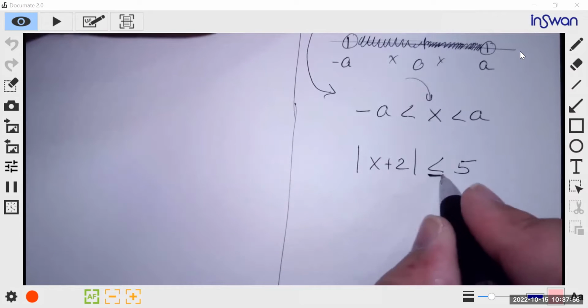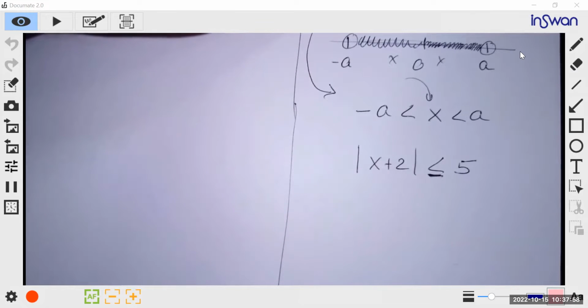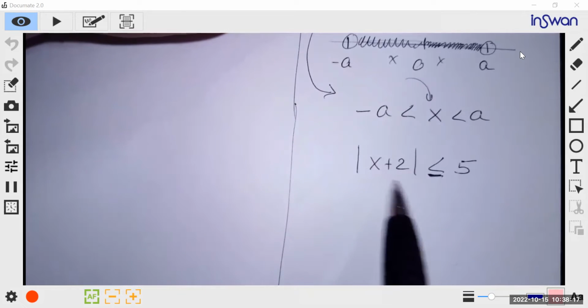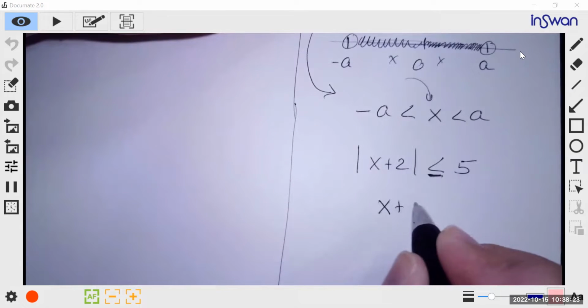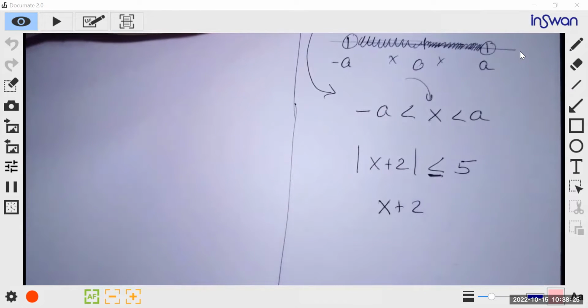Let's look at this one. The absolute value of x plus 2 is less than or equal to 5. The absolute value is isolated, which means I can drop it now. If I drop it, what happens to this 5?